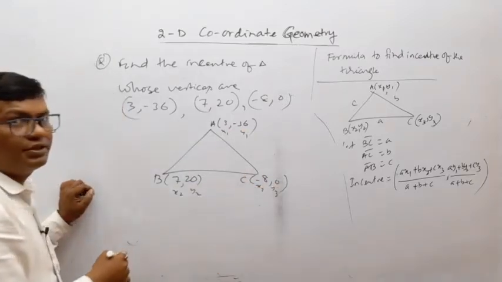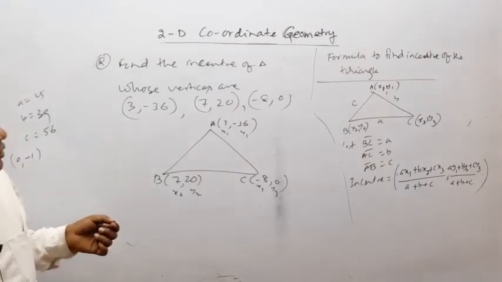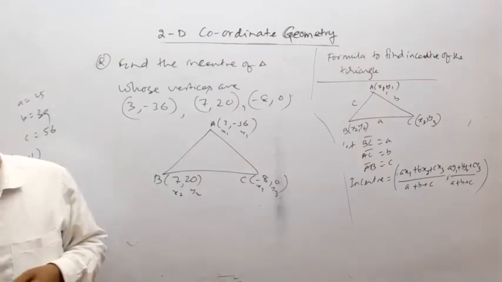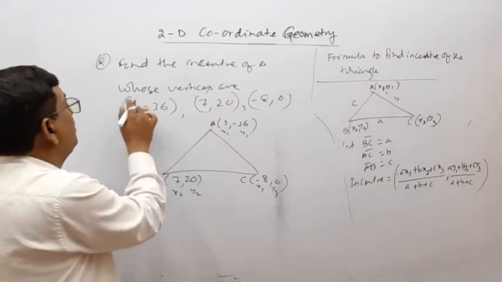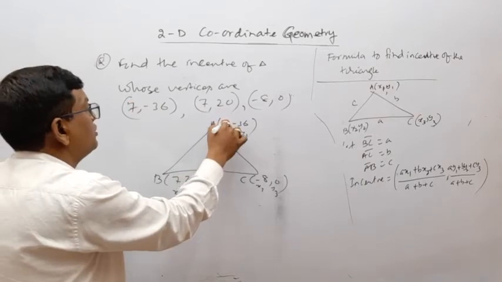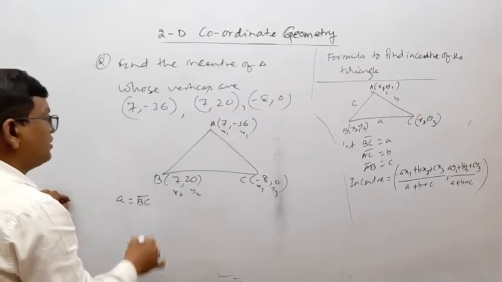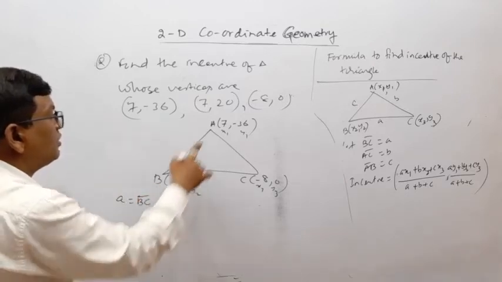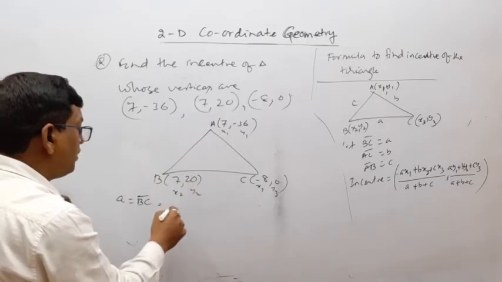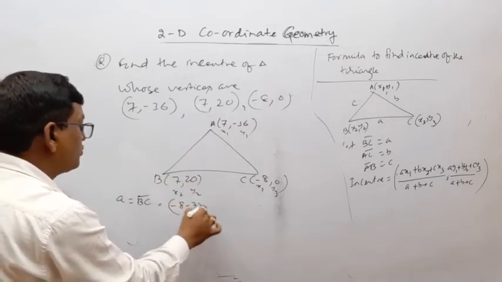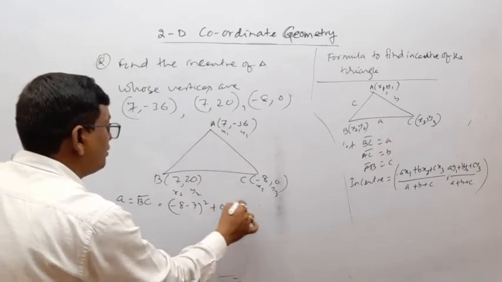Now small a is equal to what? Small a is the side BC. This point is (7, -36). So a is equal to the BC distance: square root of (-8 minus 7) whole square plus (0 minus 20) whole square.